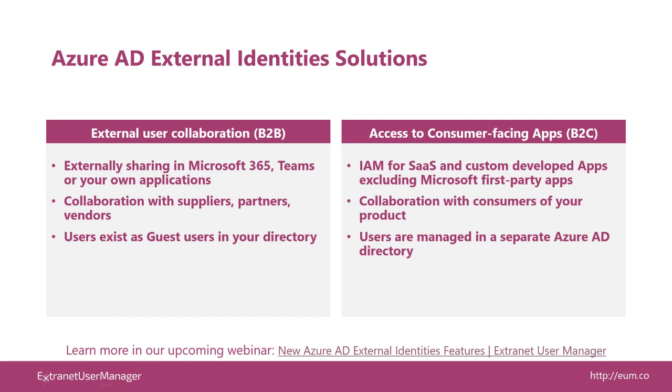Whereas B2C was originally intended to be more consumer facing, but the real differentiation is that it's a completely separate identity and access management system for your own SaaS or custom apps that you build. It's not connected to your Azure AD. They're in a completely separate directory.